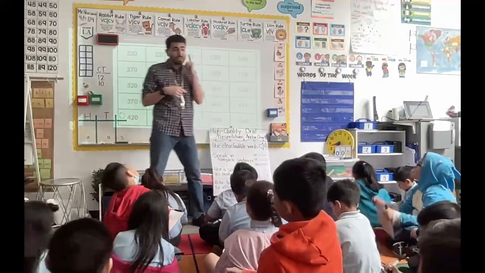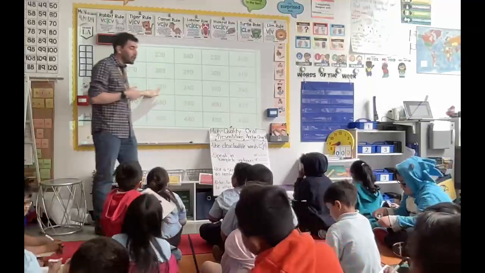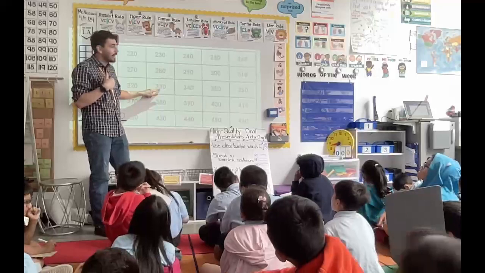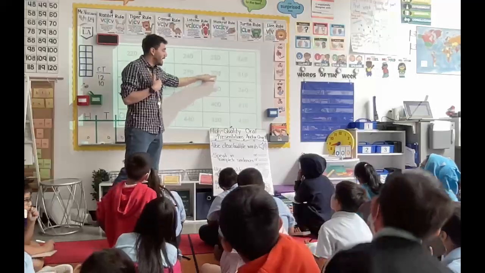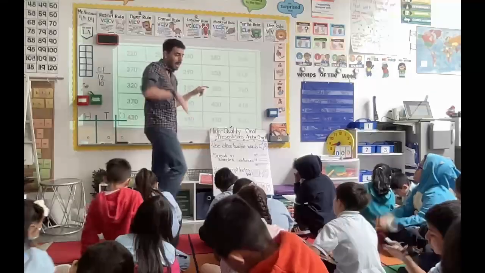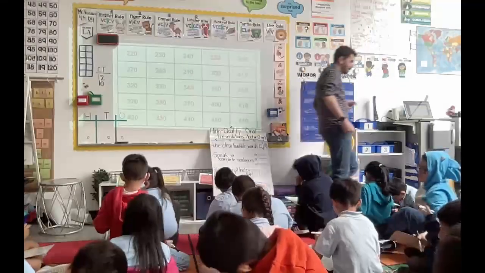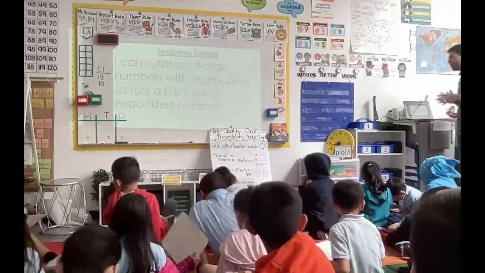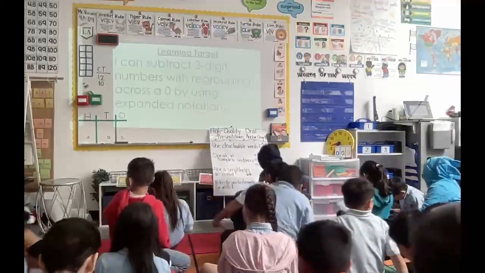I hear 330. 330 has 33 tens. I didn't say 33 tens. I said 30 tens. Got it? All right. Cap your markers. Make your whiteboard disappear. In 5, 4, 3, 2, 1, 0.